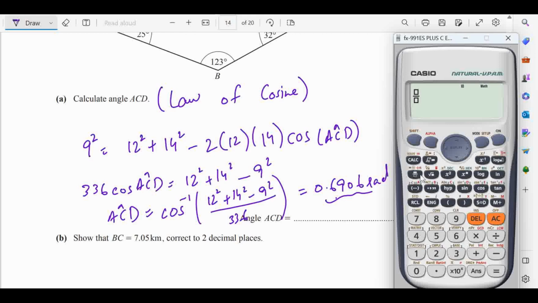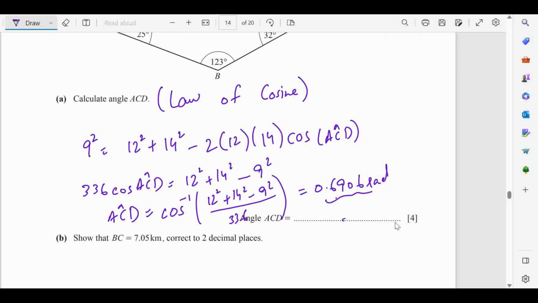Now if we perform the calculation again, this will be 12 square plus 14 square minus 9 square whole divided by 336, and then shift cos inverse of the answer. This will be equal to 39.57 degrees. This will be the final answer.